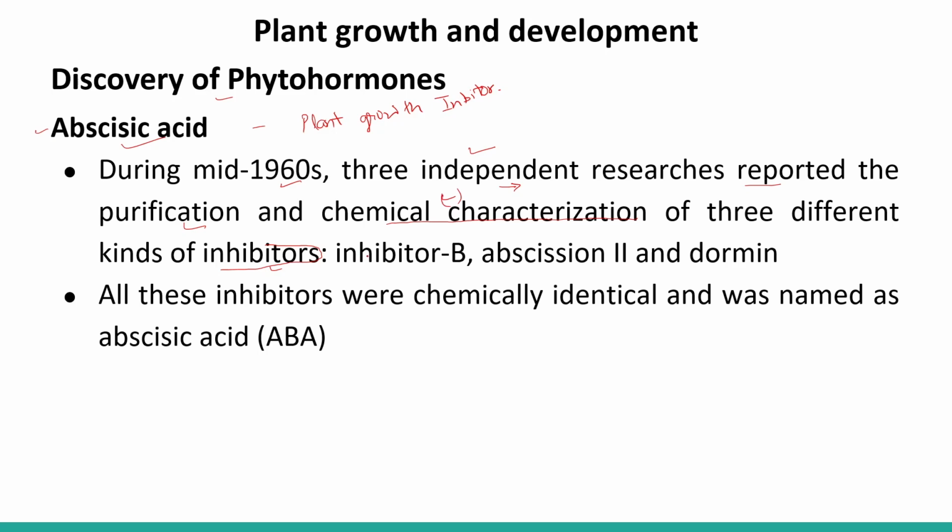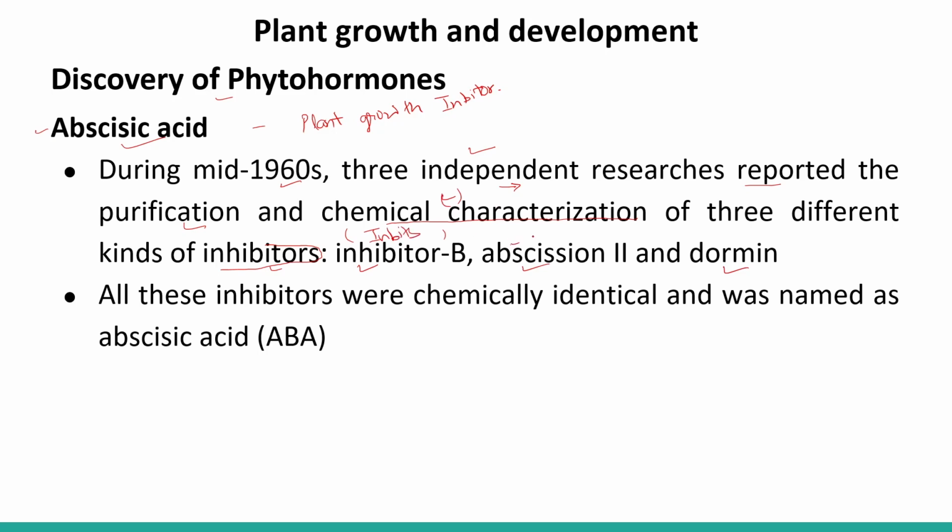And what they named individually: one they named inhibitor B, another was named abscission II, and the third one was named dormin. So inhibitor, because it inhibits plant growth, so they named it as inhibitor.